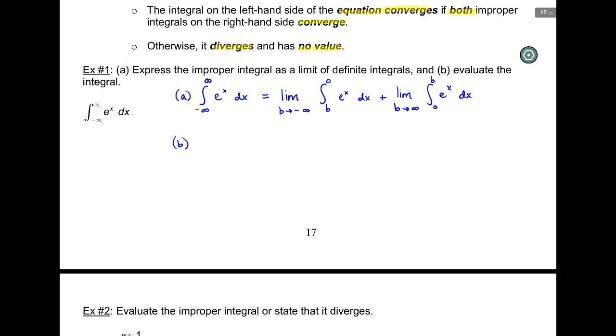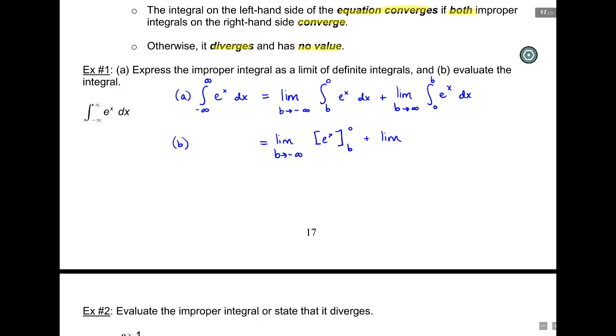Next we want to evaluate this. So we take these limits, and we have the limit as b approaches negative infinity. What happens when we integrate e to the x? We get e to the x, and we want to evaluate this from b to 0.